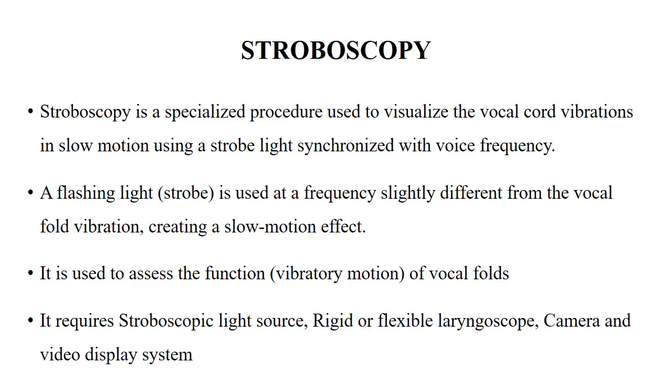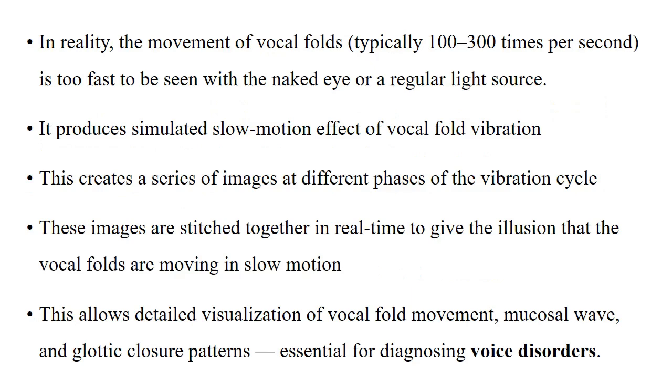So the whole system includes a stroboscopic light source, the same rigid or flexible laryngoscope, and the camera and video display system. In reality, the movement of vocal cords, which is typically 100 to 300 times per second, is too fast to be seen with the naked eye or a regular light source.